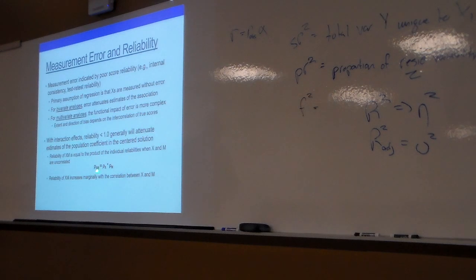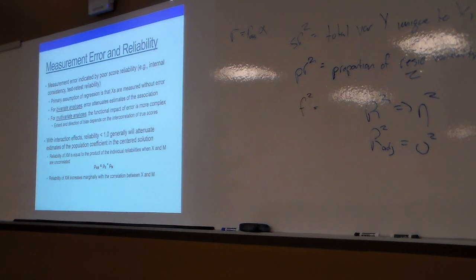Now, the reliability of this interaction starts to increase marginally to the extent that X and M are correlated with one another. So if my conditional effect and my moderator are strongly correlated, that helps to some extent.